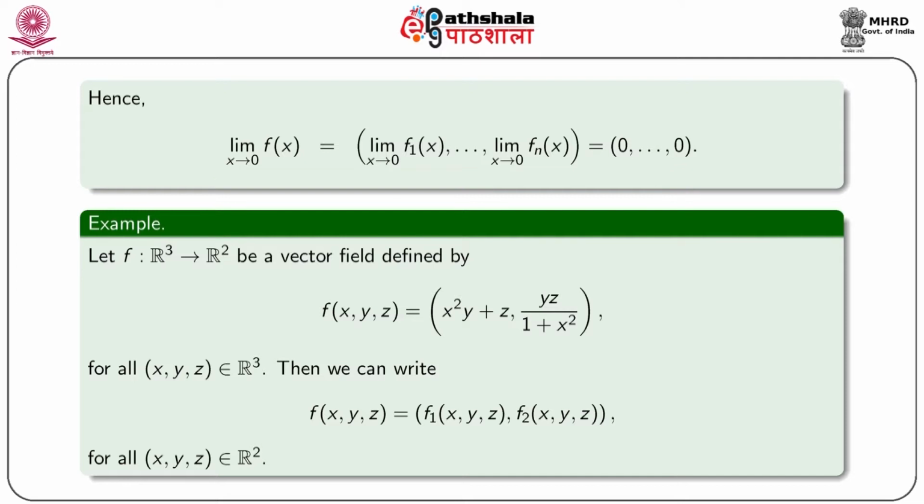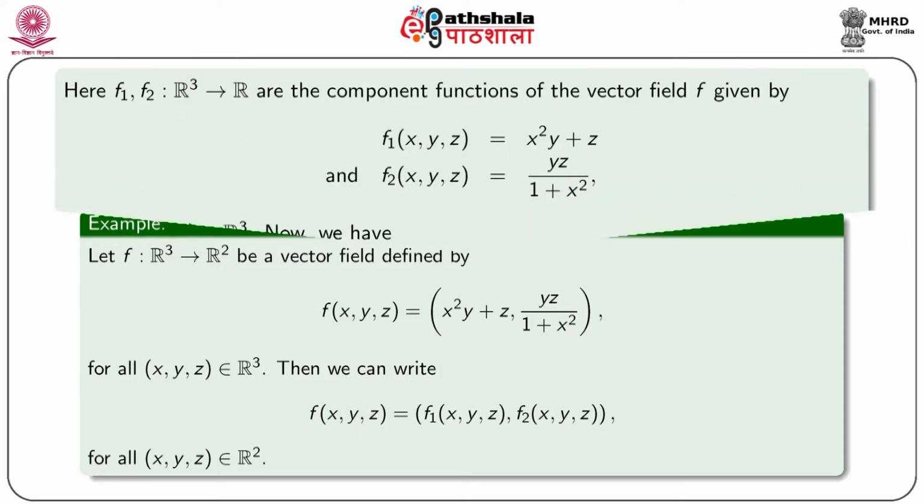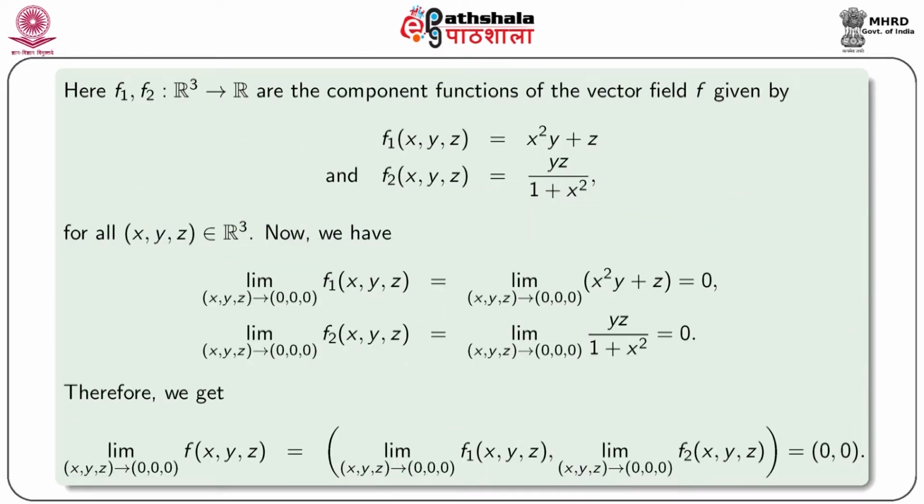Second example: let f from R^3 to R^2 be defined by f(x, y, z) equals (x squared y plus z, yz by 1 plus x squared) for every (x, y, z) in R^3. Then we can write f(x, y, z) equals the ordered pair (f1(x, y, z), f2(x, y, z)). Here f1 and f2 both are scalar fields defined on R^3.